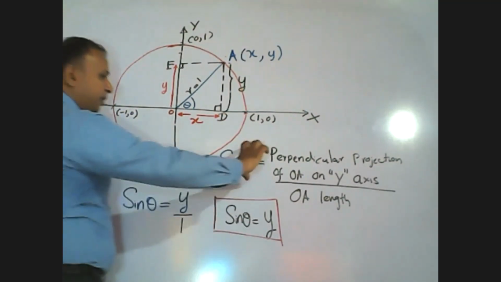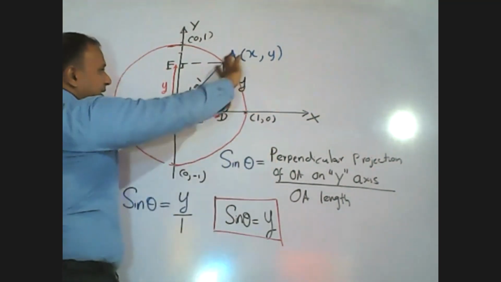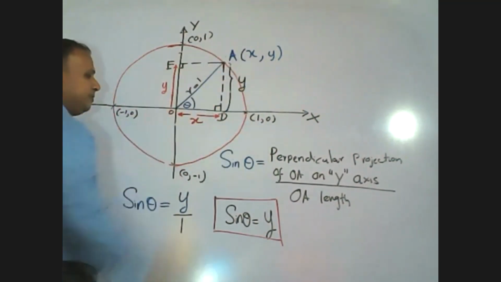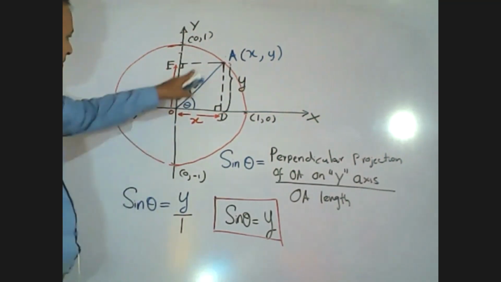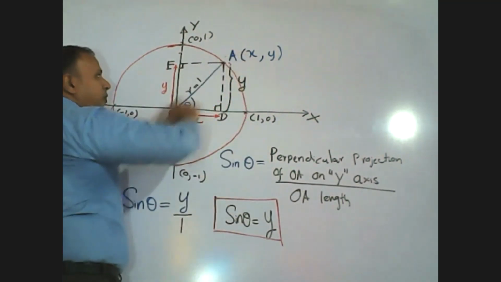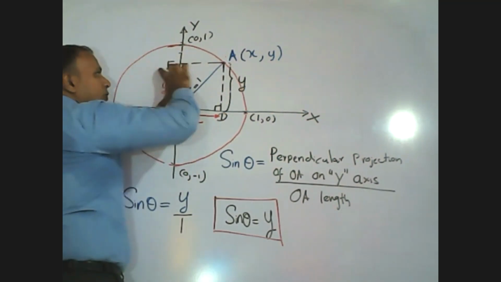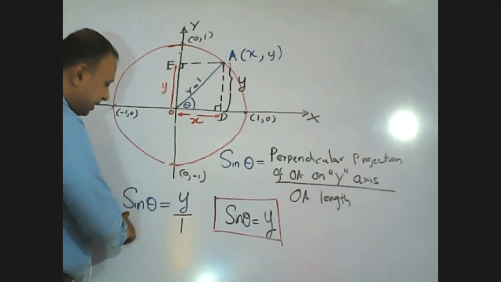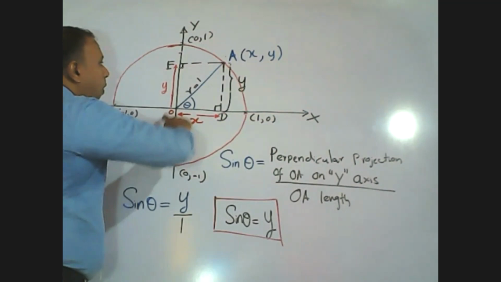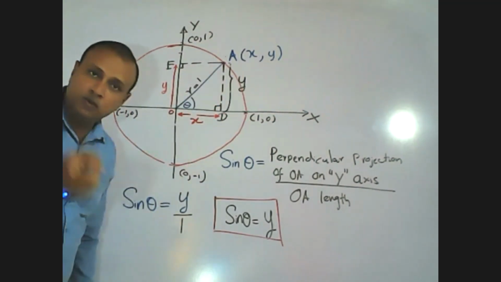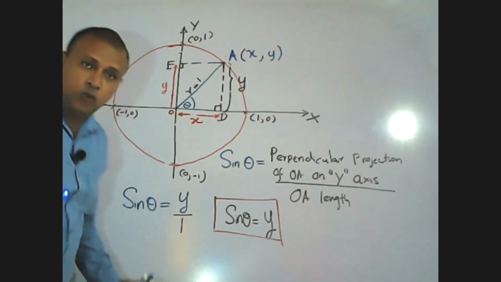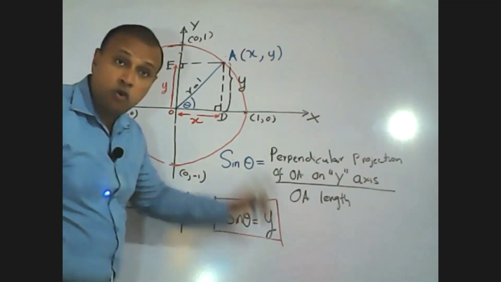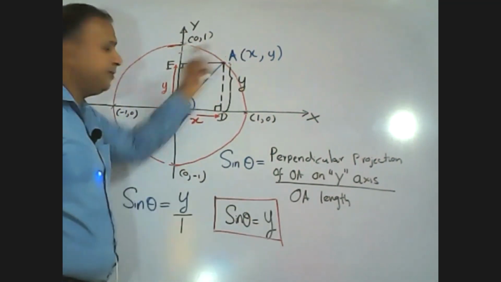In terms of the circle, sine theta is equal to the perpendicular projection of OA on the y-axis, which is the y coordinate, over the OA length. Because I have used a unit circle, the radius is equal to 1, so the denominator is 1. So sine theta is equal to y.